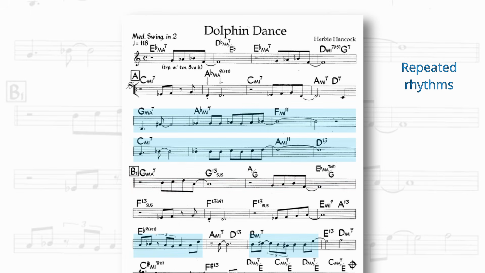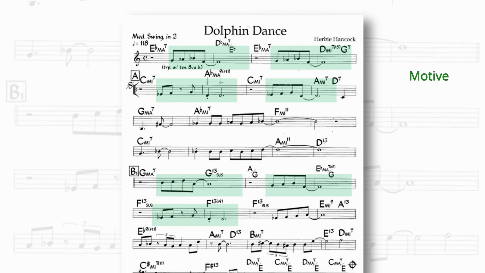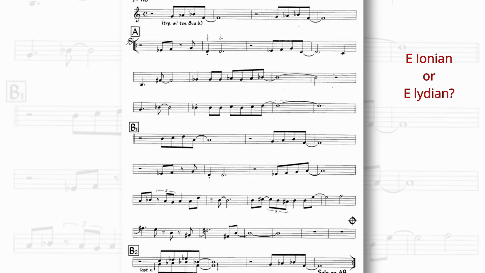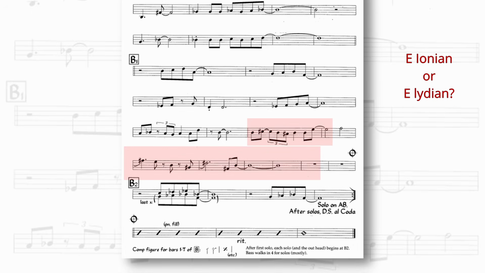Part of the reason the melody works is the repeated rhythms and the motif is really clear and strong. The other reason it works is because of the common pitches that I mentioned earlier. Then in the climax, it looks like we could be in E major.